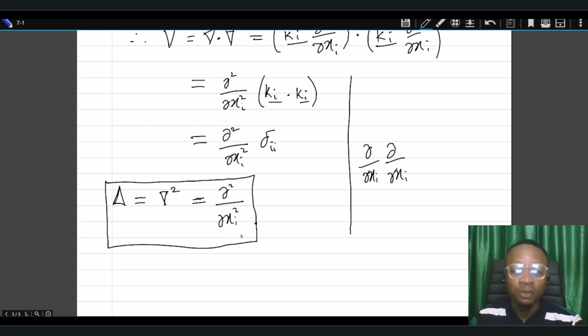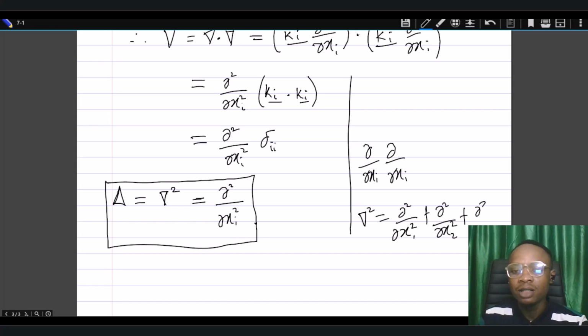That means the subscript i is a dummy subscript as we know it, and of course it should be expanded from 1 to 3, which implies that nabla squared would be del squared del x1 squared plus del squared del x2 squared plus del squared del x3 squared. And with this, we're good to go.